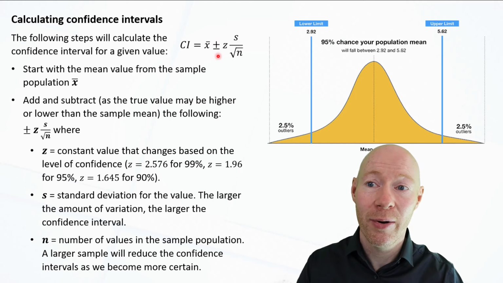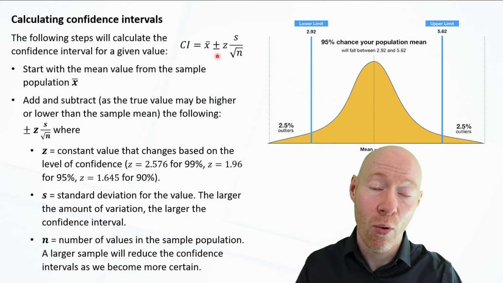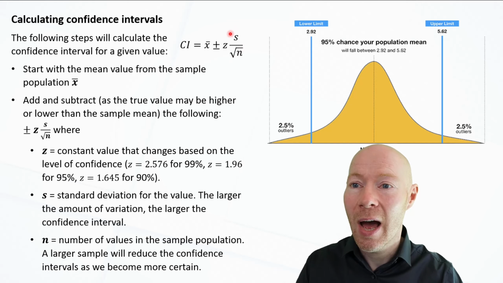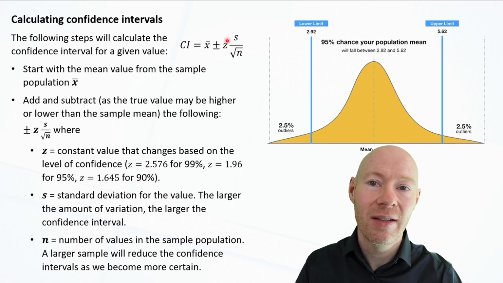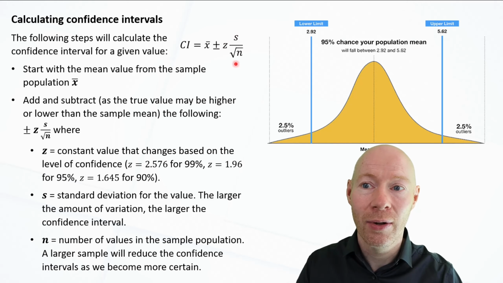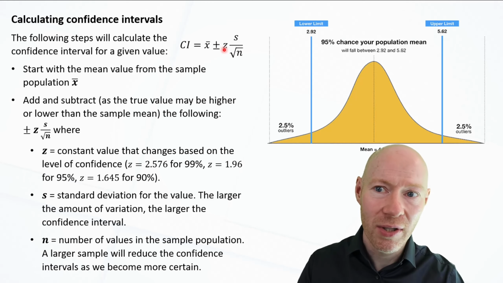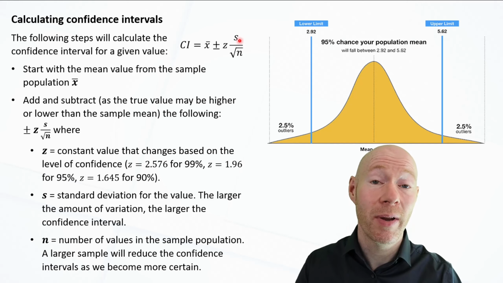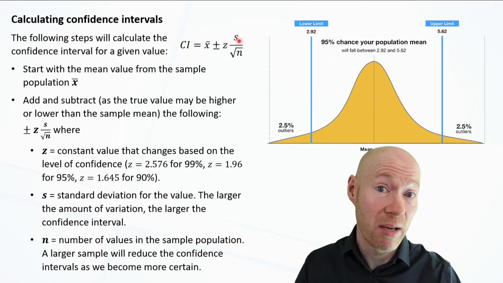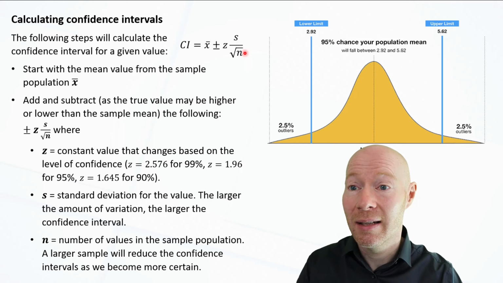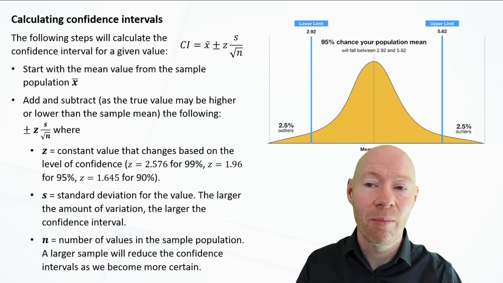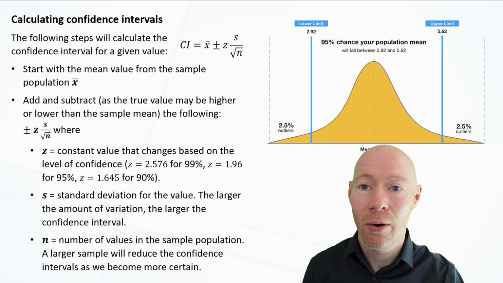We'll define an upper bound and a lower bound, going either up or below the mean, and we define the size of the interval using these three variables. Z is going to be a constant, we'll talk about that. S is our standard deviation that we talked about in the last section, and N is the number of values that we have inside our sample.